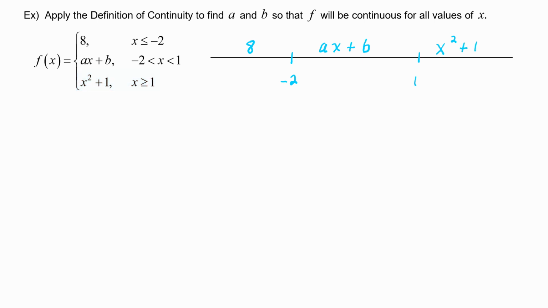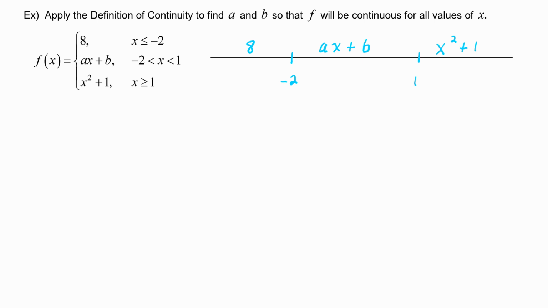Now, on their own, each of these pieces is continuous because f of x being 8, or ax plus b, or x squared plus 1, all of those are just polynomials, and we know that polynomials are continuous everywhere.